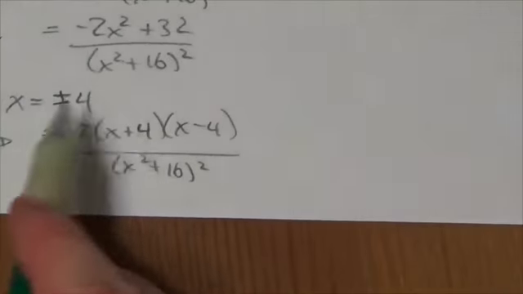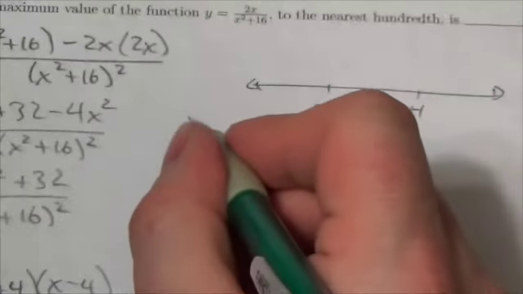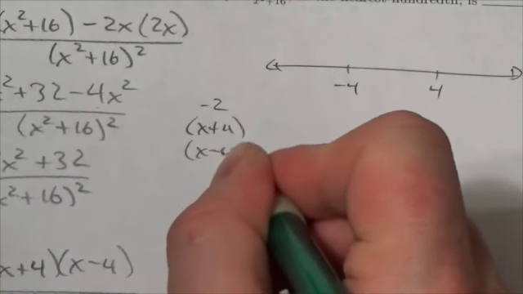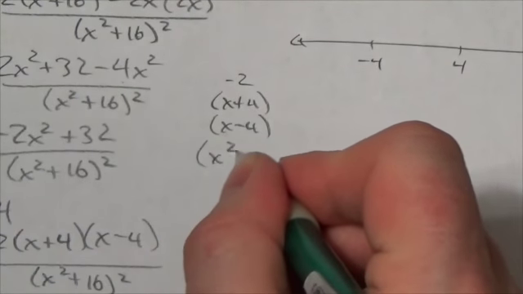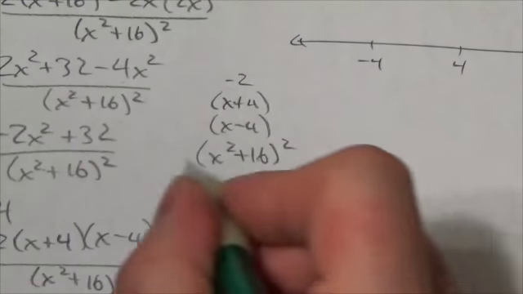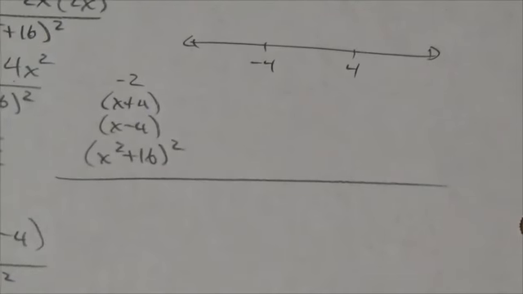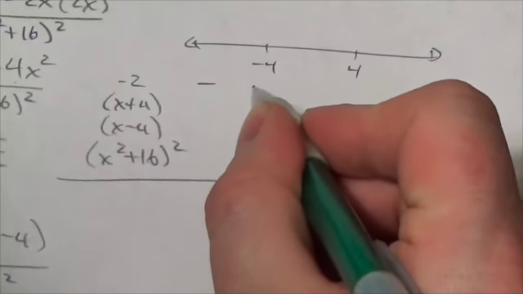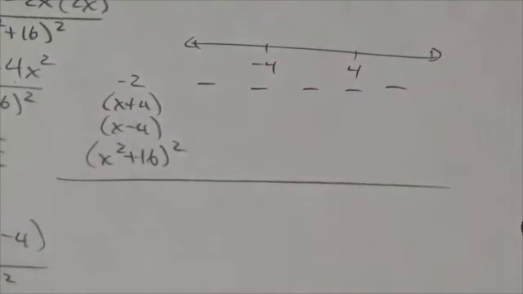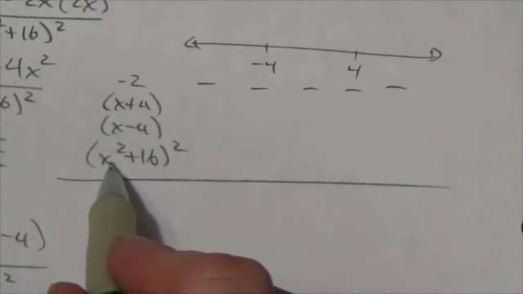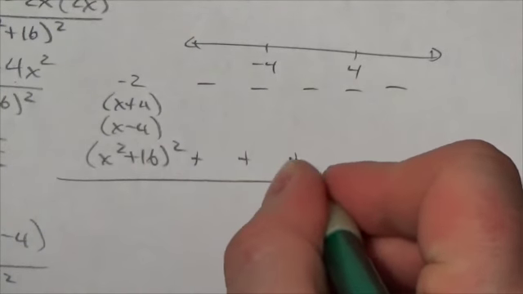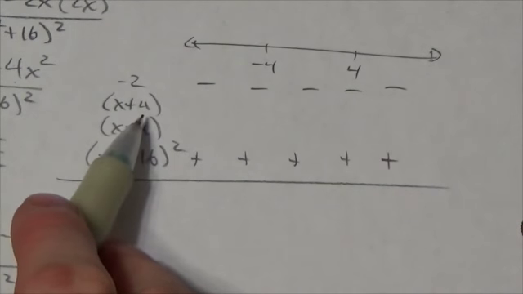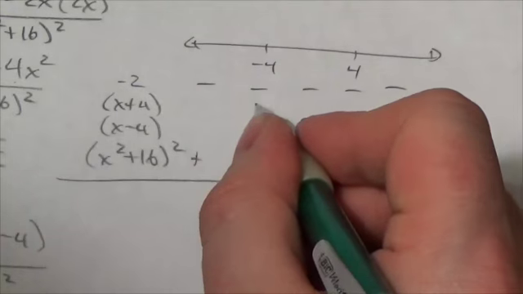We've got negative 4 and positive 4. And then the factors that go along with this, I have got negative 2, x plus 4, x minus 4, and then my denominator, and I'm going to put the entire denominator together because the whole thing is being squared anyway. Okay, so a couple of things to note here. Negative 2 is always going to be negative no matter what the value of x is. X squared plus 16 squared is always going to be positive no matter what the value of x is. X plus 4 is only going to be equal to 0 here.